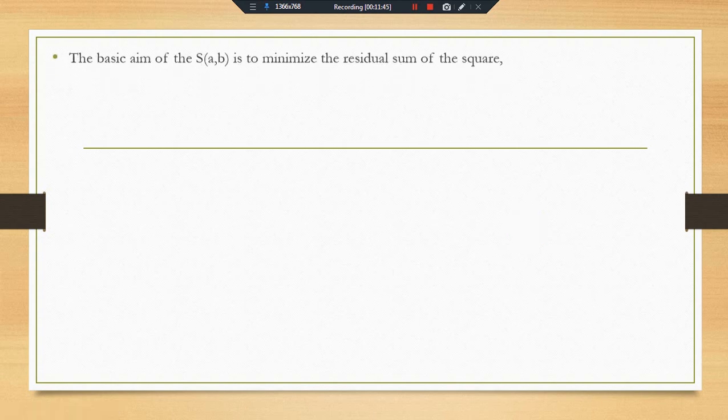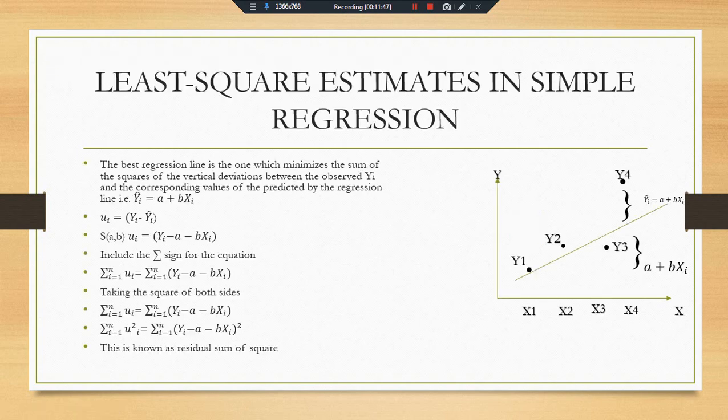Okay, after this we are going to derive the formulation of A and B, because it's our ultimate objective. We have to find such a combination of A and B which minimizes the residual sum of squares.